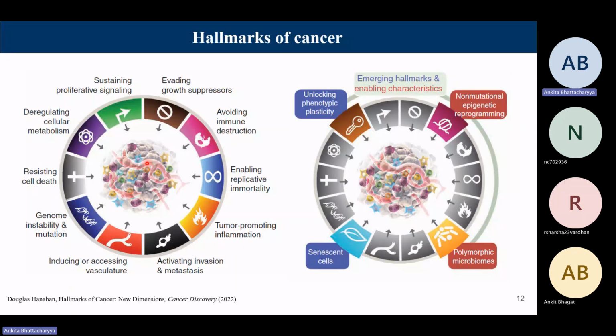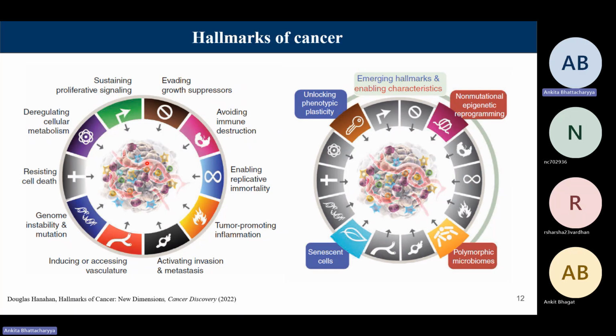And under that, they had subcategorized these into majorly two domains. One was the core hallmark, and the other included emerging hallmarks as well as enabling characteristics. I think I had put this also as one of the questions to be discussed.